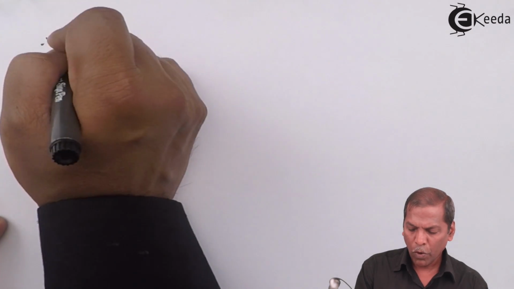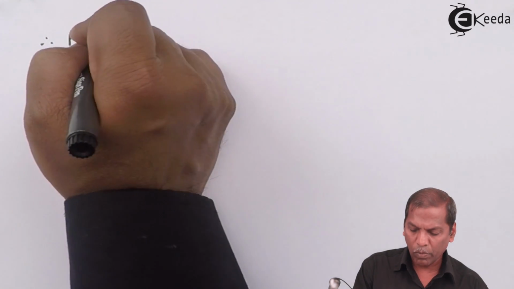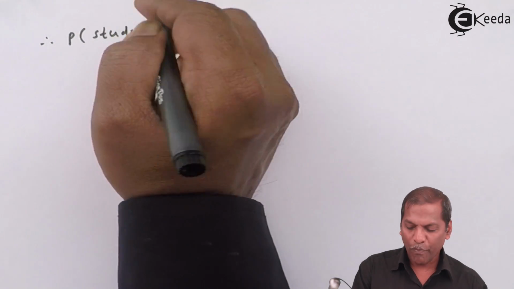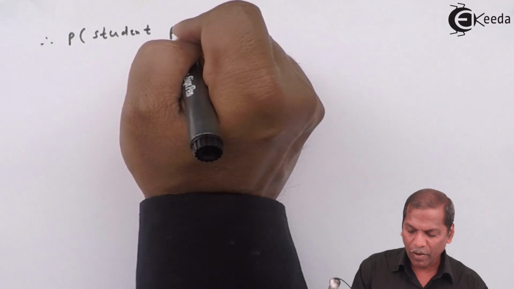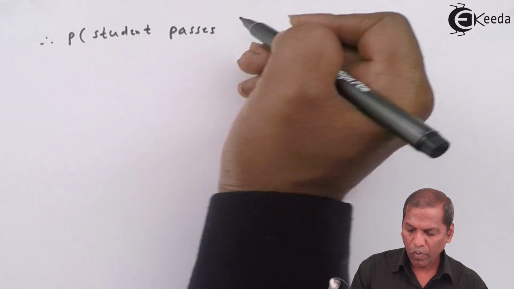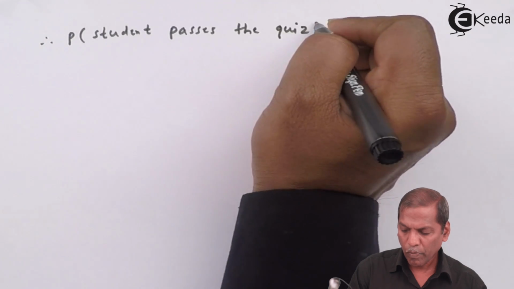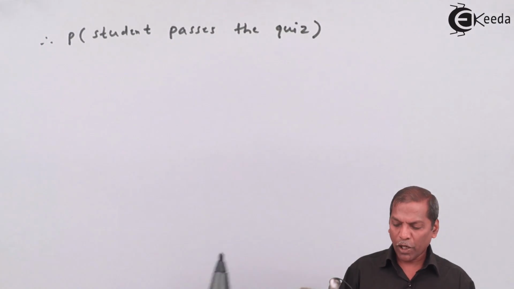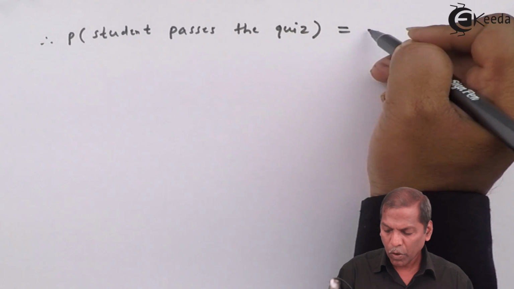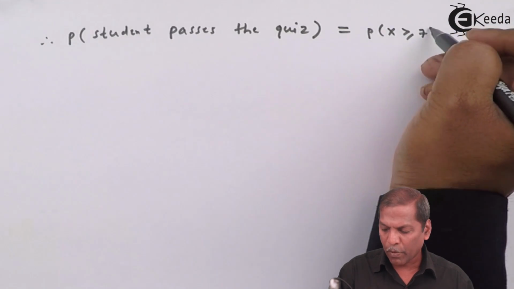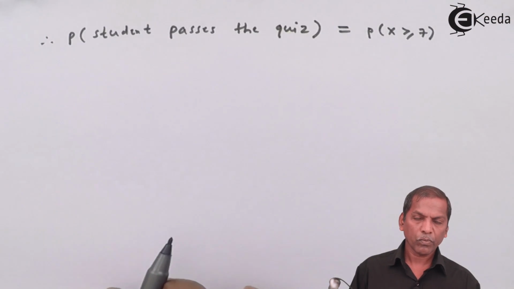So therefore, probability that the student passes the quiz is equal to probability x greater than or equal to 7.